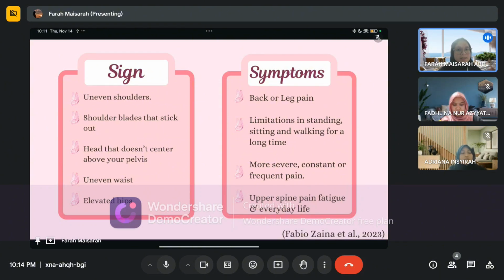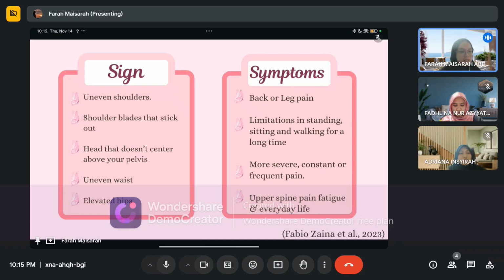Okay, so symptoms are basically what the person or the patient feels. The first one is back or leg pain. It can be caused by the asymmetry and is usually pain at the apex of the curve. And second, limitation in standing, sitting, and walking for a long time.